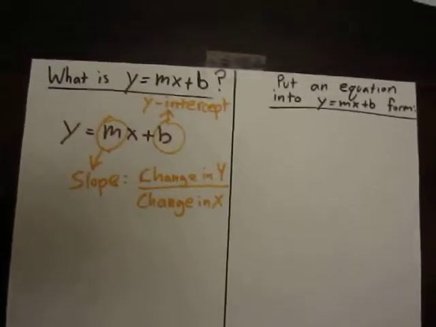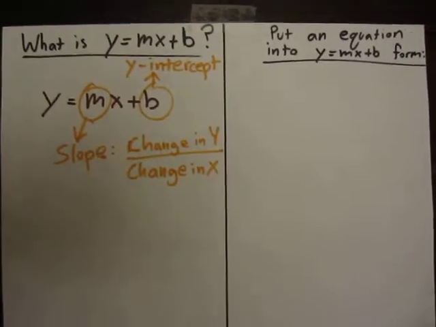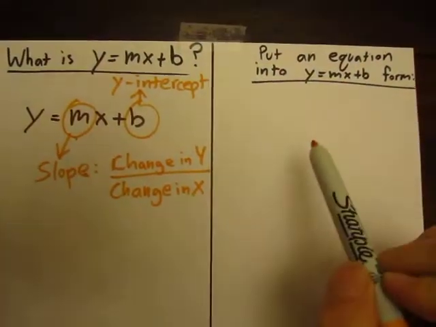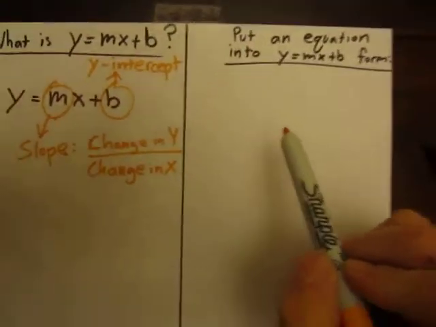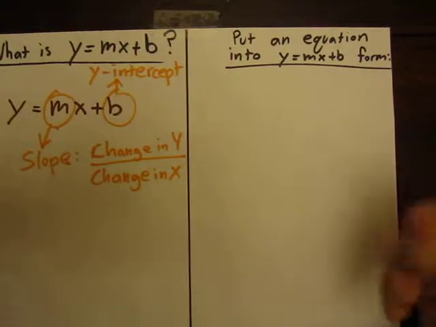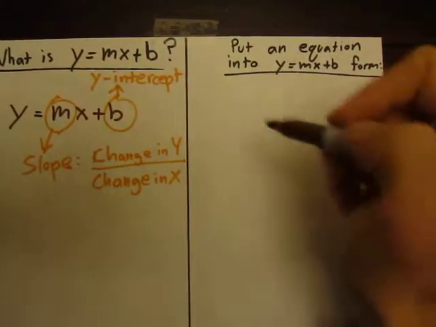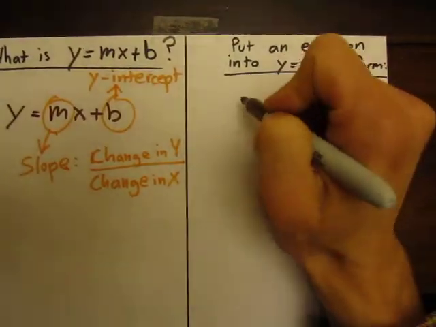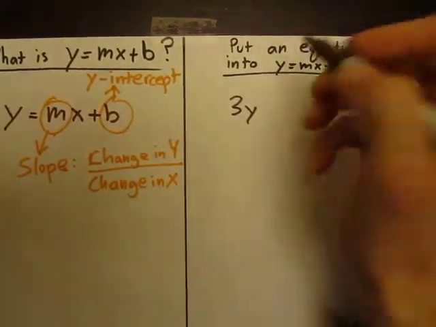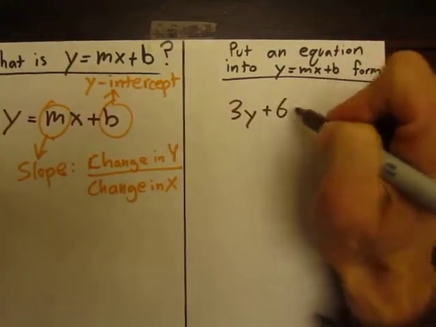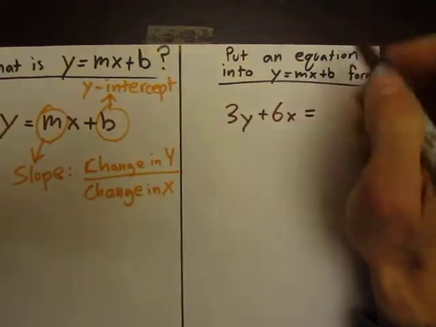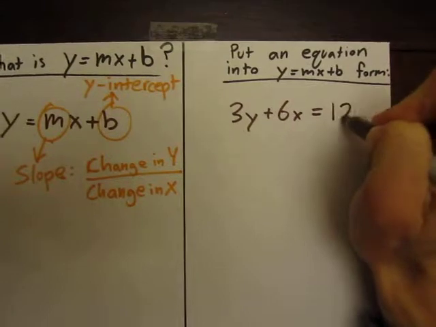So what we're going to focus on here is how to put an equation into y equals mx plus b form. So if you have an equation such as 3y plus 6x equals 12.